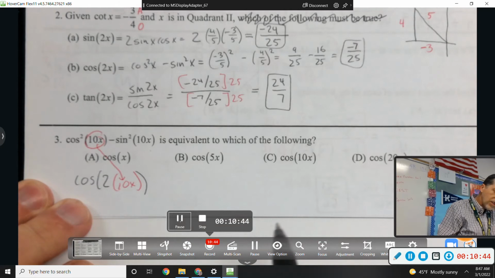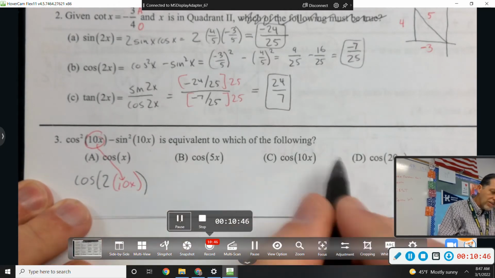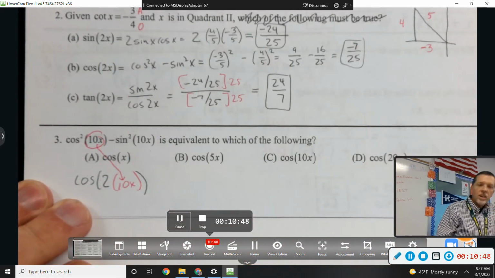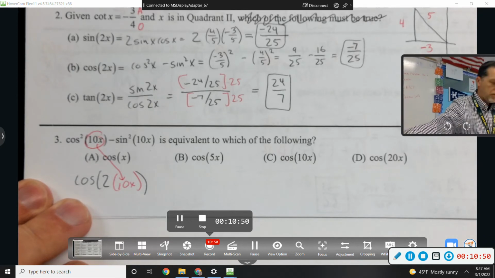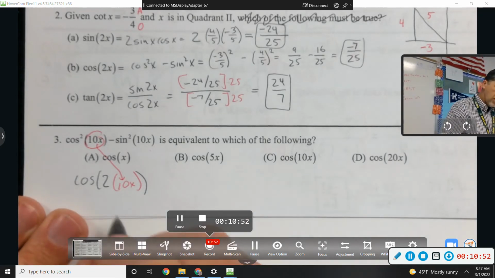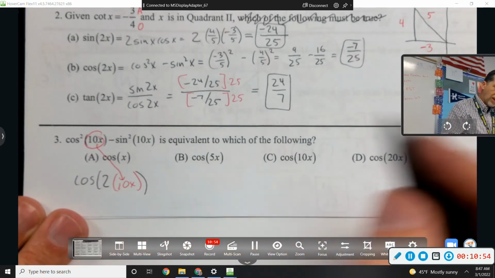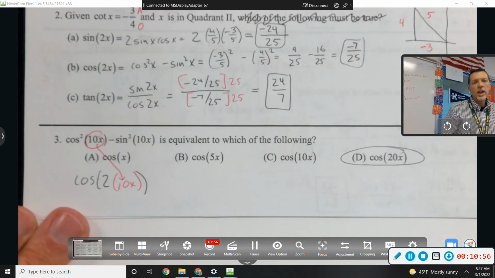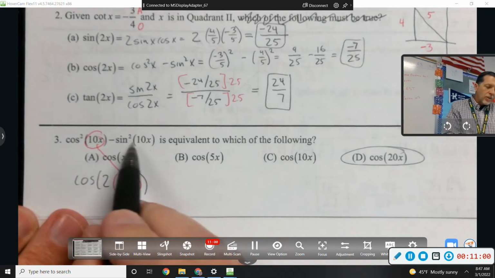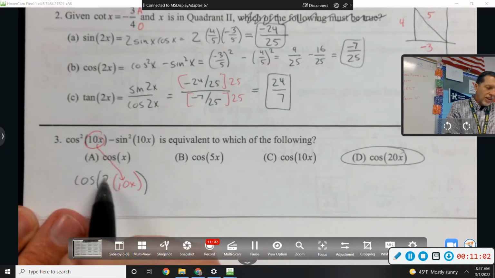So it's not cosine of 2x. That's not even one of the options. Of course, when I write it like that, cosine of 2 times 10x would be cosine of 20x. That one's tricky. You recognize what that is, and then be careful. I'm surprised cosine of 2x wasn't one of the choices.